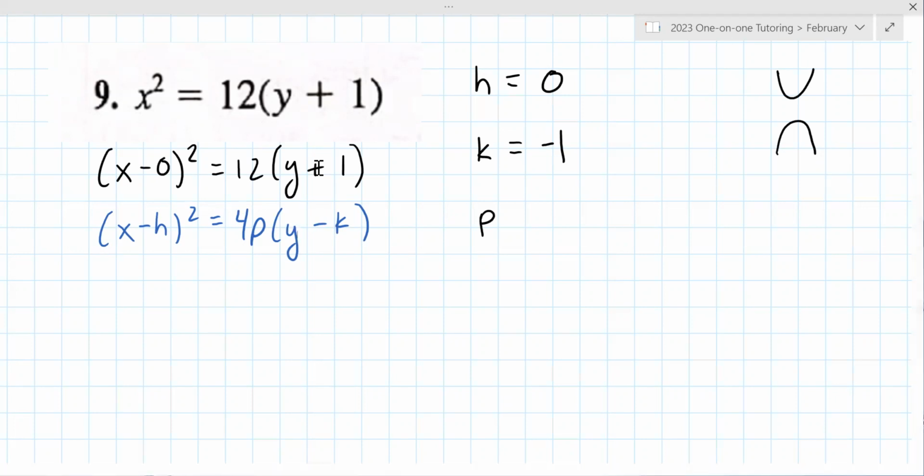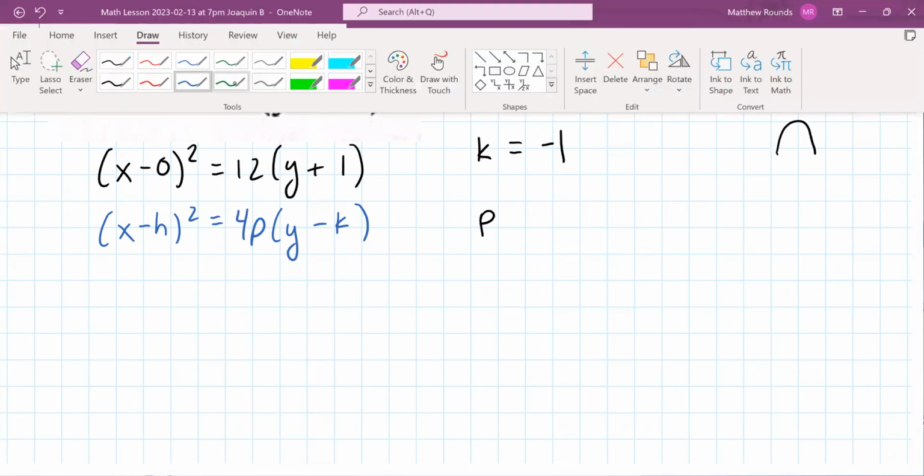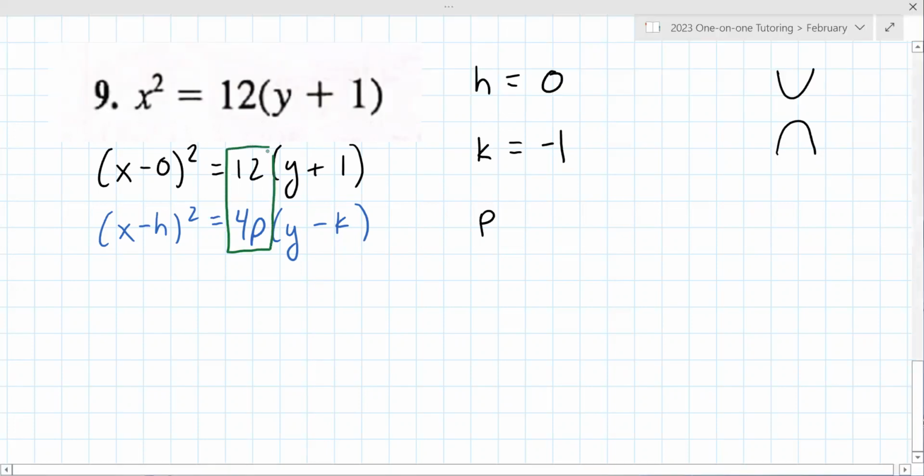Does that make sense? Great. All right, so to find p, you write just like I did in the previous one. You're setting these equal to each other. You're really doing 4p equals 12, so p is 3.